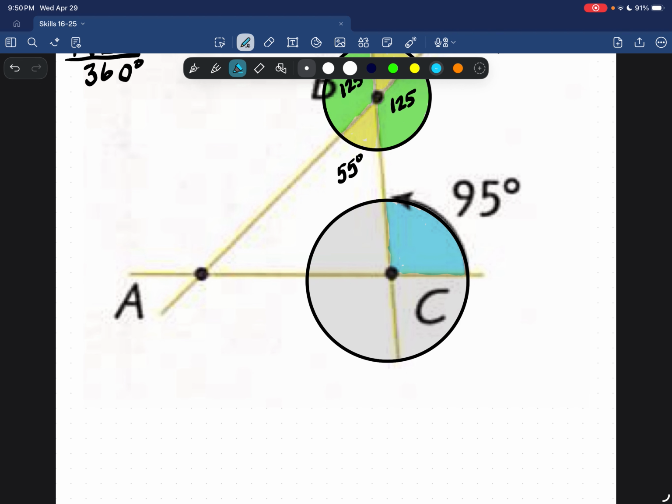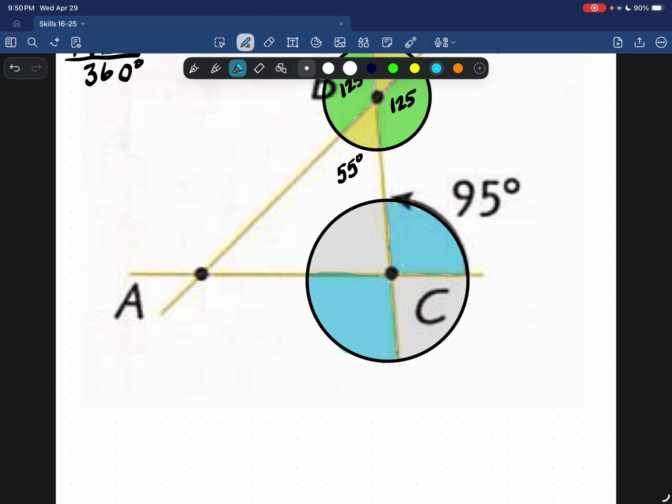Where's the other 95? It's going to be right in here. So by knowing that one is 95, I have found that this one is 95. And together, those make 190 degrees in my circle. That's another way to think about it.